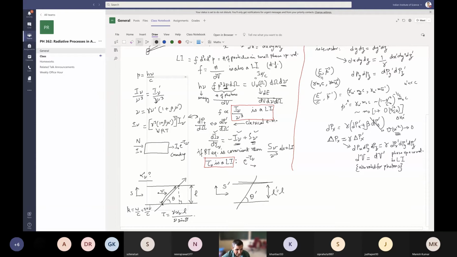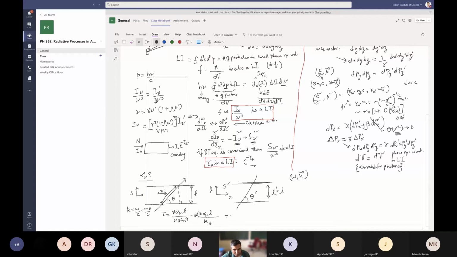So this nu alpha nu L divided by... it's not equal to, it's proportional to K sine theta, which is nothing but K y. So this is the x direction and this is the y direction. But we know that K in the transverse direction is a Lorentz invariant, because omega, K is a 4-vector. So K along the direction of motion changes, but transverse to the direction of motion does not change.